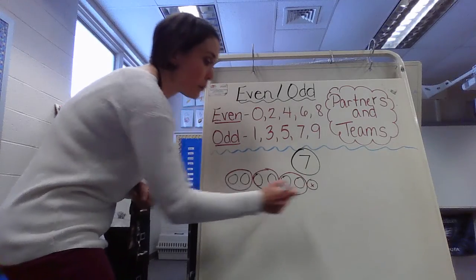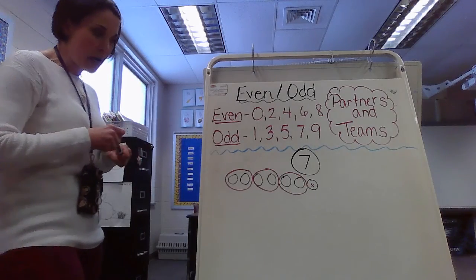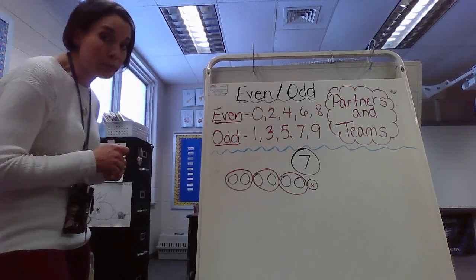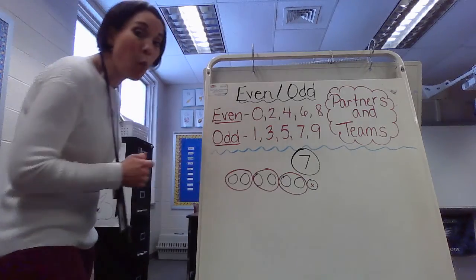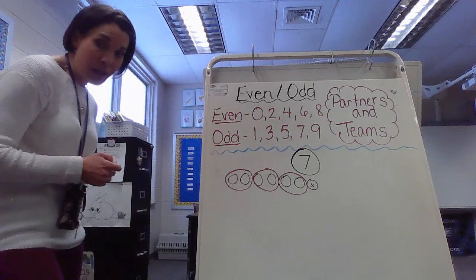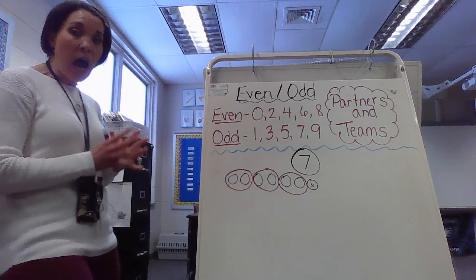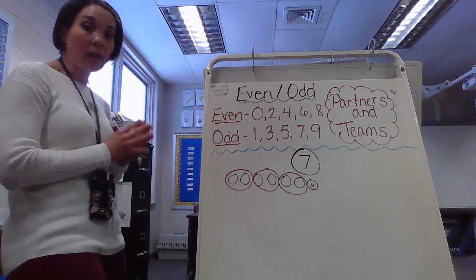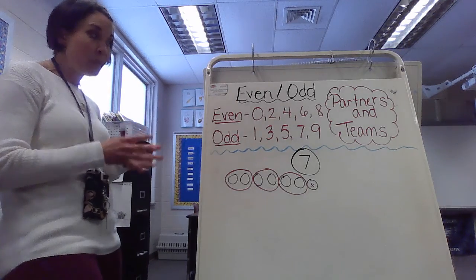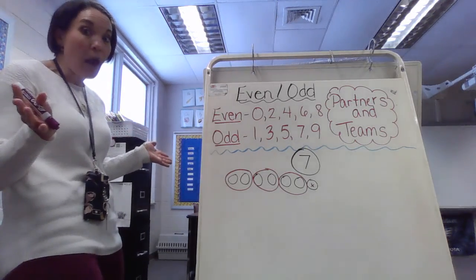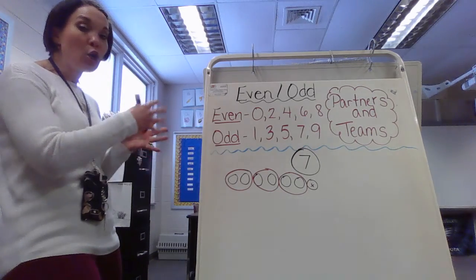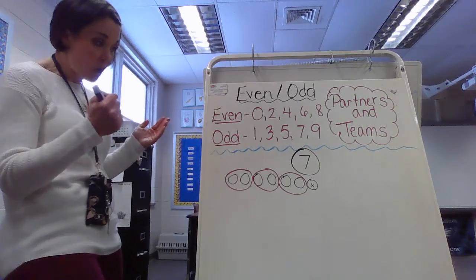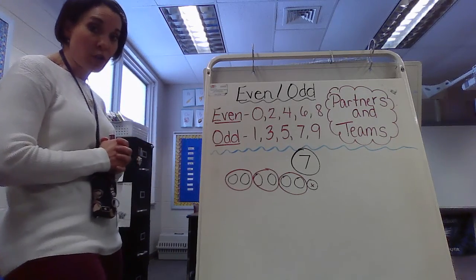But look at this guy. I'm going to put a little X on him because I only have 3 groups of 2. 1 is left out. When you're dealing with an odd number, you will always have 1 left over because he's the odd man out. Here, you won't have perfect partners.